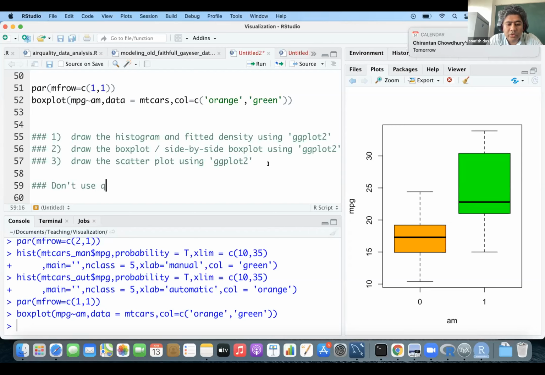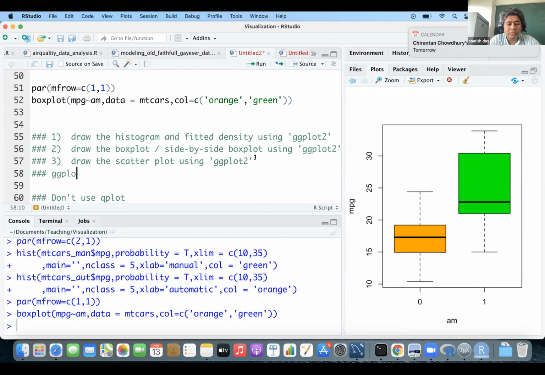Qplot stands for quick plot. If you want to do it quickly, then of course you can use qplot, but ggplot2 uses something called layered architecture or grammar of graphics. So I want to start with the grammar of graphics.